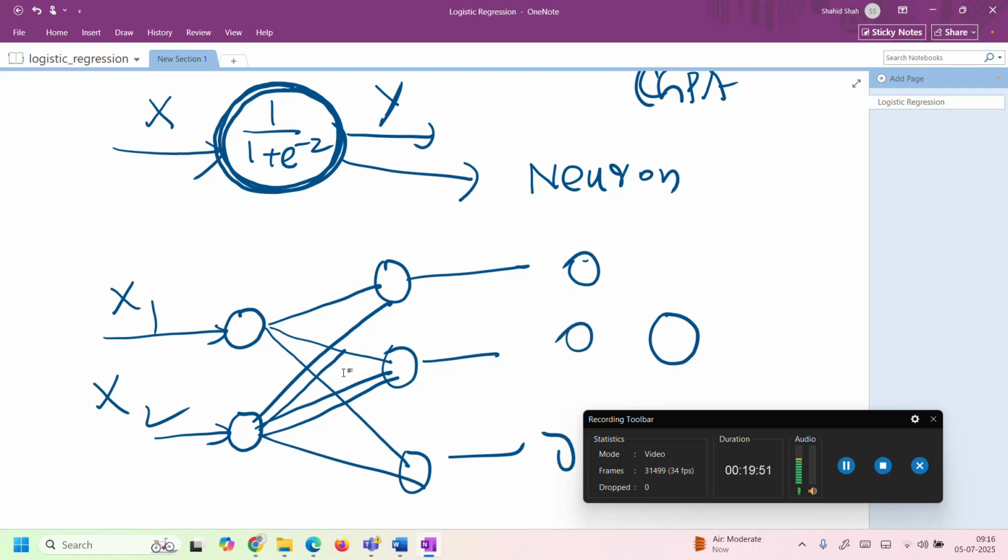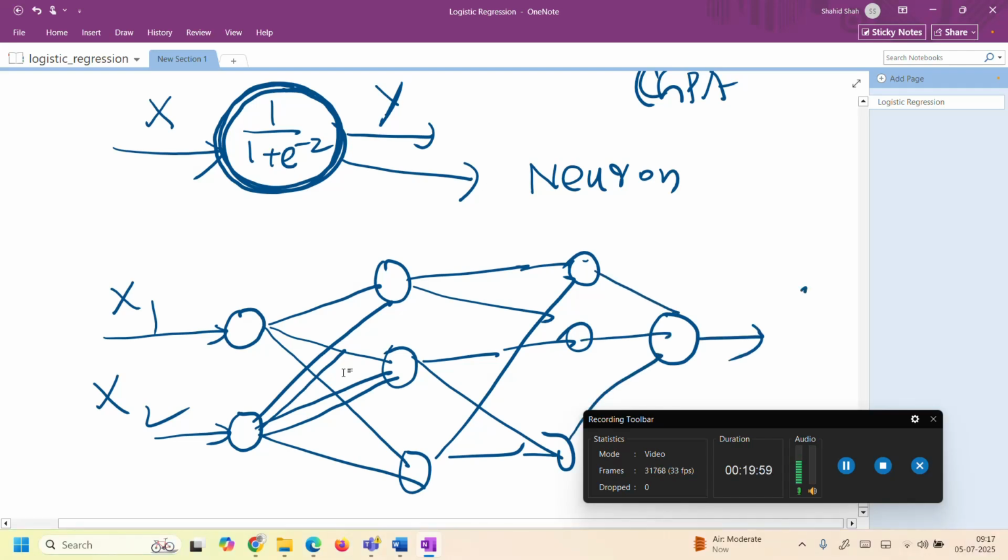There may be more units inside, and then we feed all the outputs to one unit again, and we get the output y. So a neural network is nothing but a network of these logistic regression units. You can take it in a very simple way. If you understand logistic regression, you have basically understood one unit of a neural network.